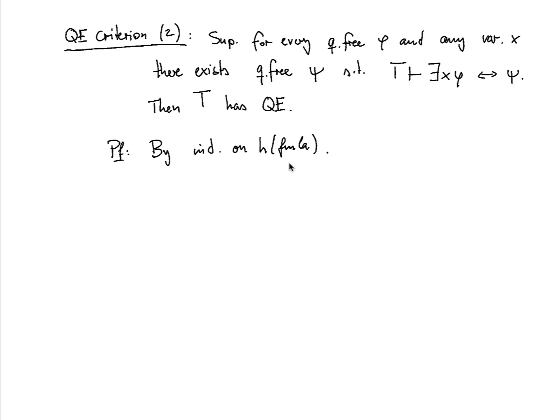Now we can combine the two criteria, and we get one final criterion that will be the one we'll be using in the next lecture. So here, let's call that a theorem.